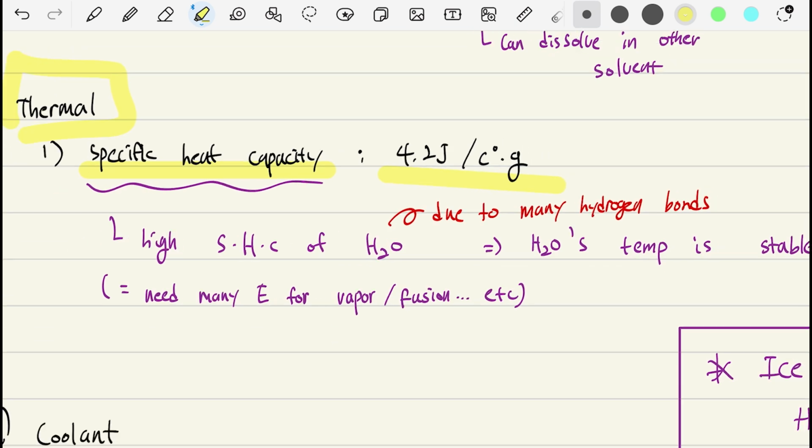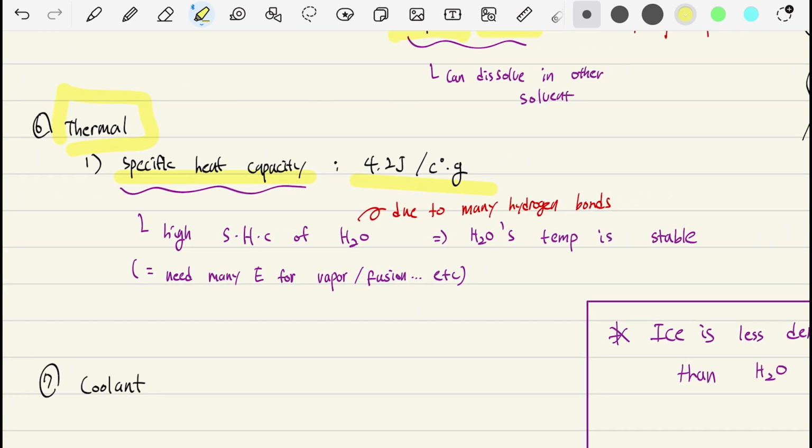And this specific heat capacity is relatively high among chemicals. This allows H2O's temperature to stay stable. And this is the reason why during the morning, the sea is colder than the sand, and during the night, the sea is warmer than the sand. That happens because of the specific heat capacity of H2O.